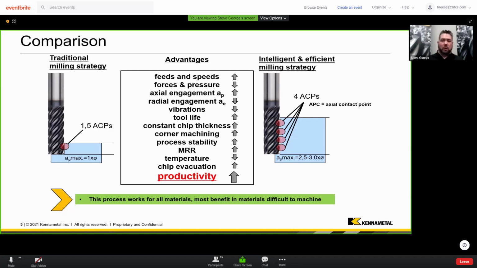Doesn't mean that that's always the case. Somebody could certainly choose one or the other. For instance, you could still do a dynamic technique on the shallower pocket. You may choose to do that because you find out that it's Inconel 718, and tool life is going to be extremely poor.